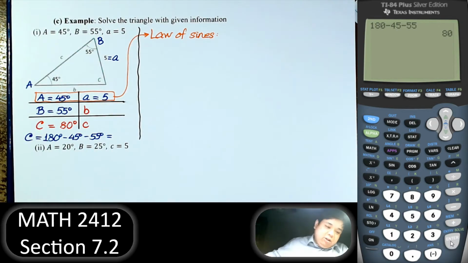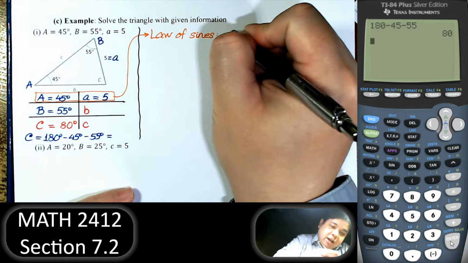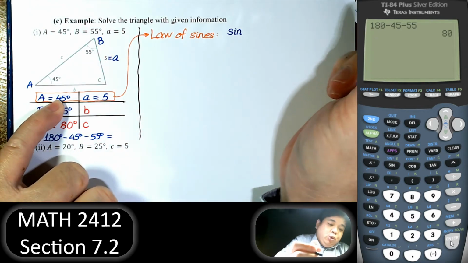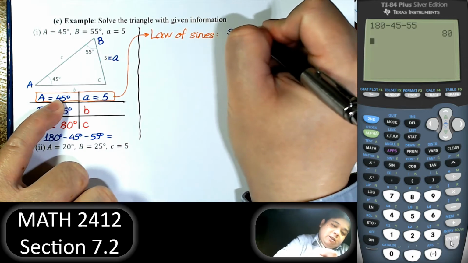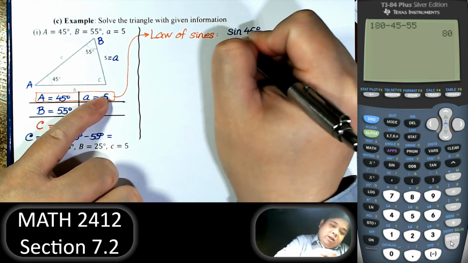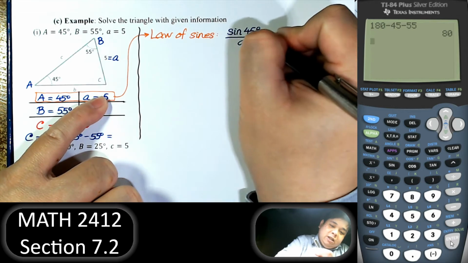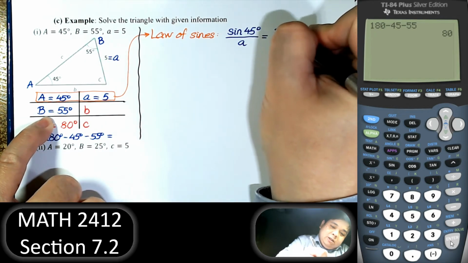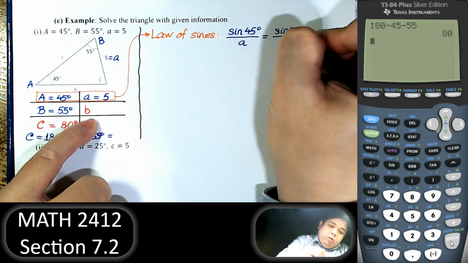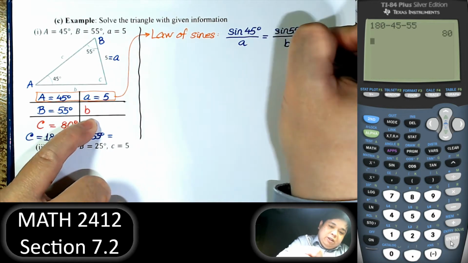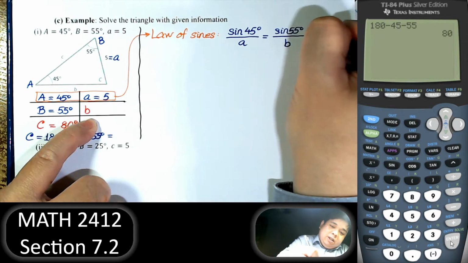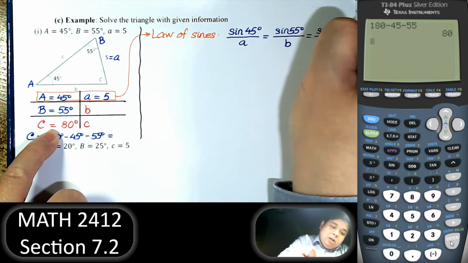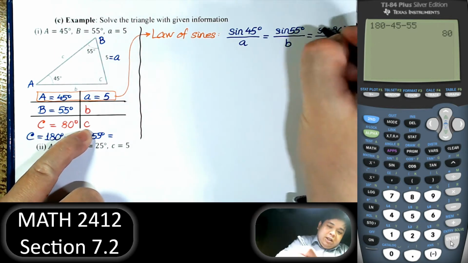Right, so I will write out the law of sines. Sine A, we do know is 45 degrees, over side a, which we know is 5. Sine of B over b, we don't know. Sine of C, 80 degrees, over little c.